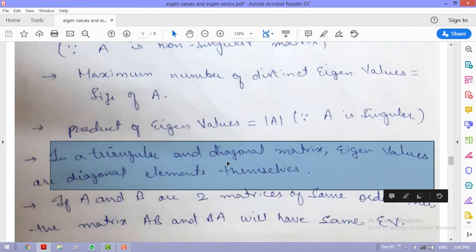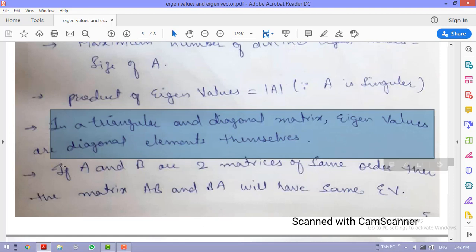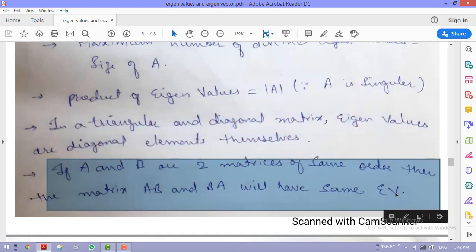In that particular triangular matrix, whatever principal diagonal elements you have, those are nothing but the eigenvalues of that particular triangular or diagonal matrix. Okay, now let us see the next property. If A and B are two matrices of the same order, then the matrices AB and BA will have the same eigenvalues.